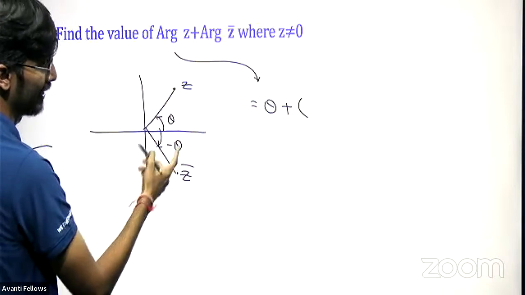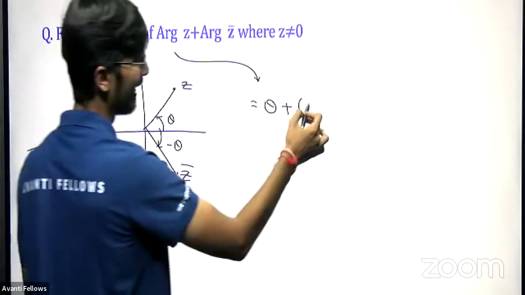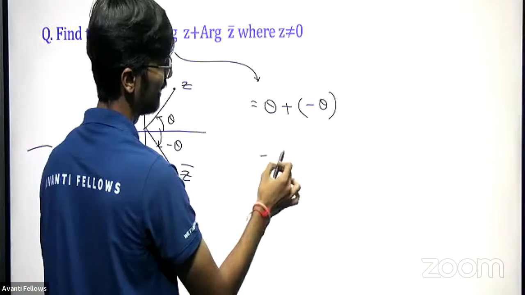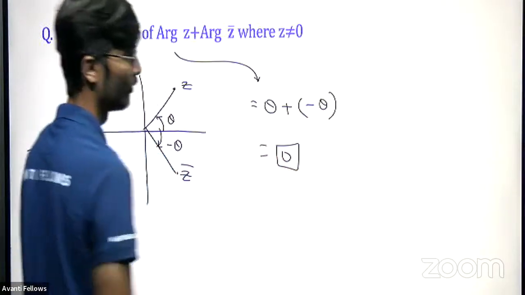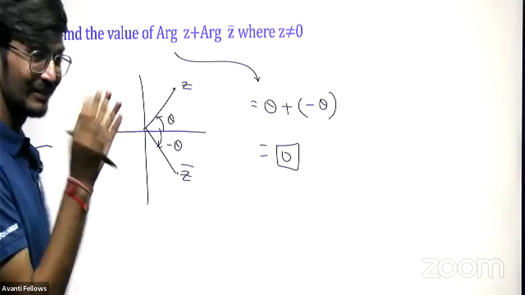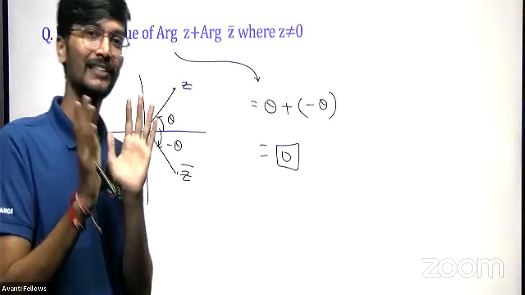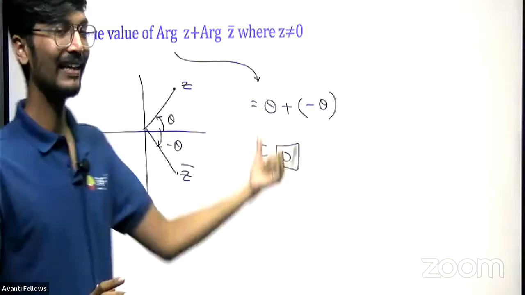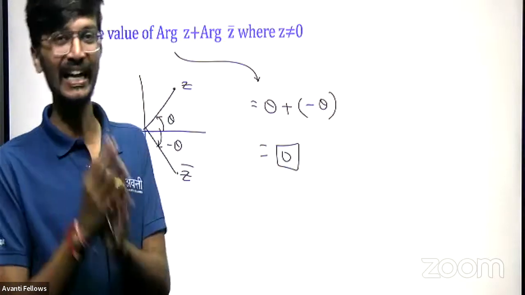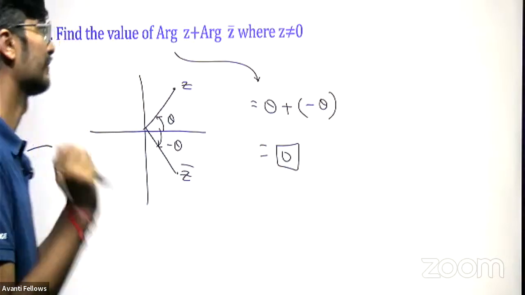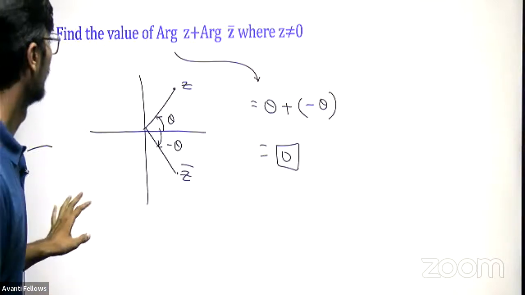What is argument of z bar? It is minus theta. So theta minus theta will be 0. So if you know that simple logical concept, we can directly get the answer in just under 10 to 15 seconds. Got it? So let's move on to the next question.